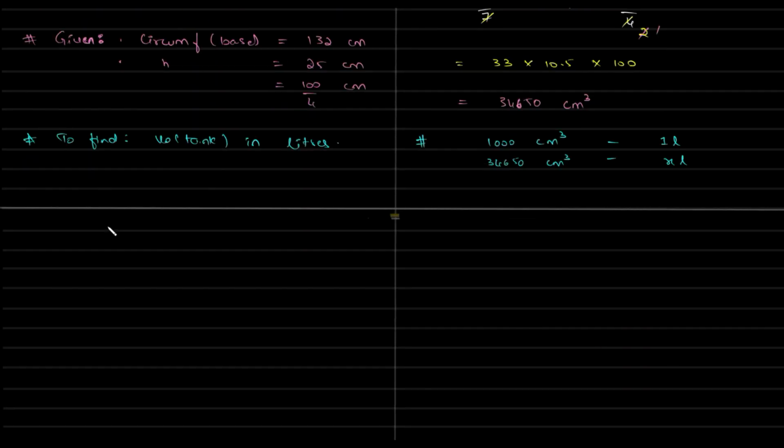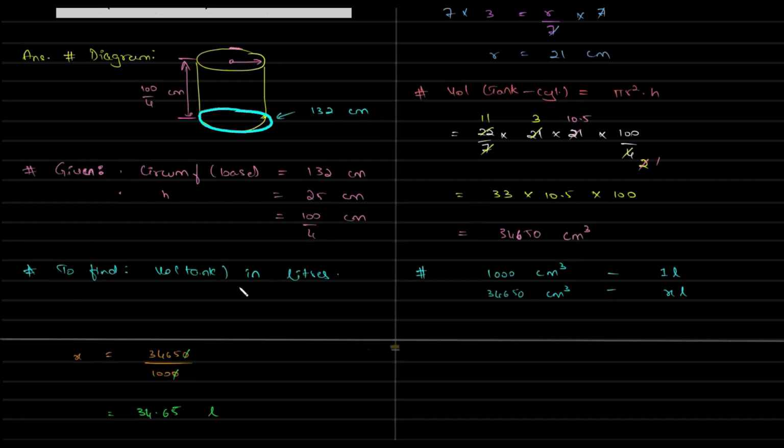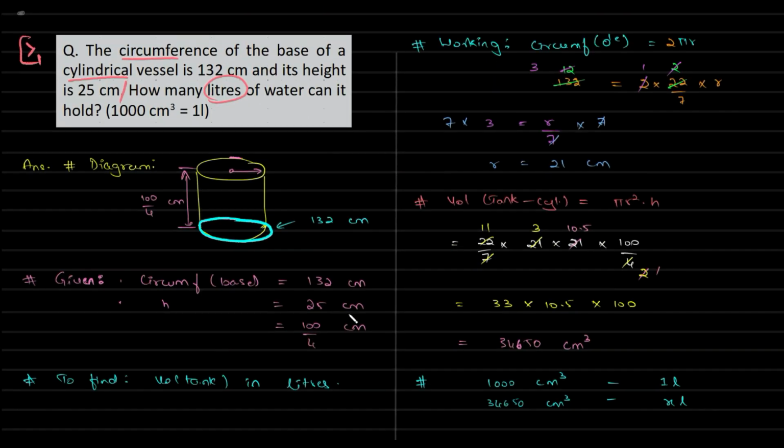This is just a matter of crisscrossing, and we have 34650 by 1000, 10 10s and 2 decimals, so 34.65 liters. It can hold 34.65 liters of water, and this is your answer.